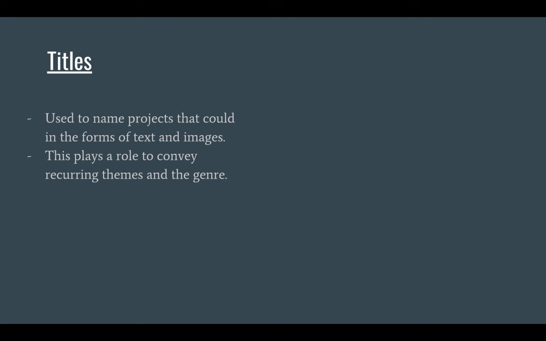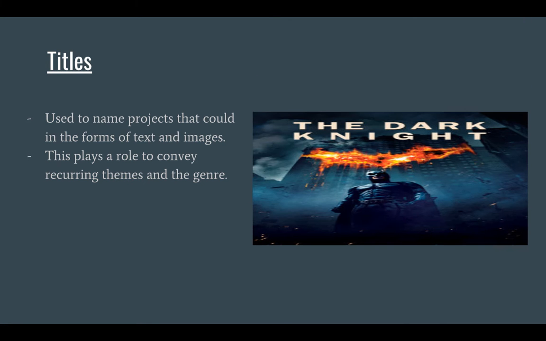Titles. Titles are used to name your projects, which range from videos and songs to books and comics. This could come in the form of text, like The Dark Knight, and images, or both. Their relevance is to set the tone of what the narrative or plot could be, which can give the audience a general idea of how the movie can play out.